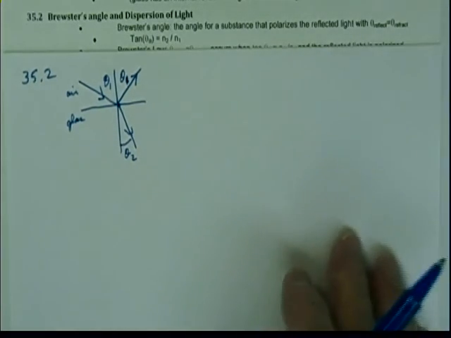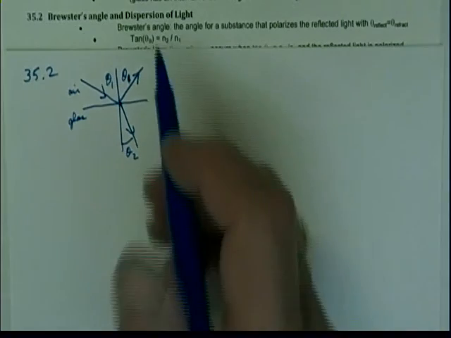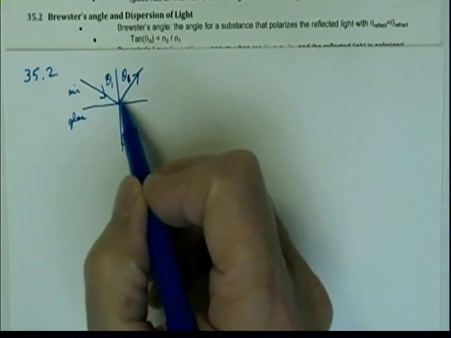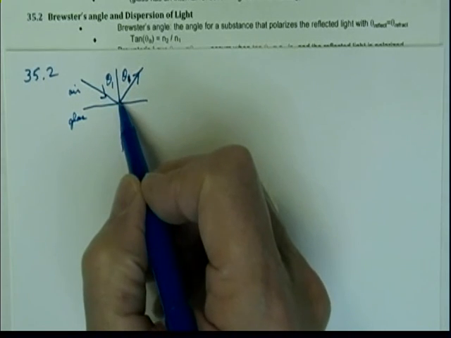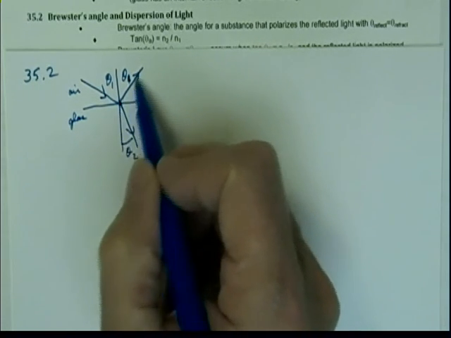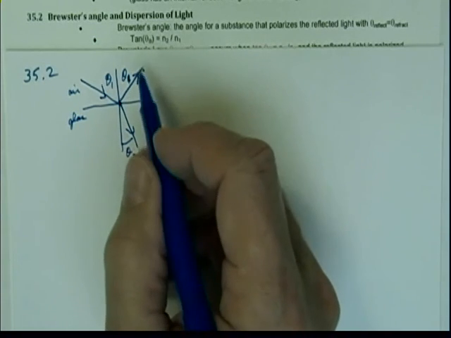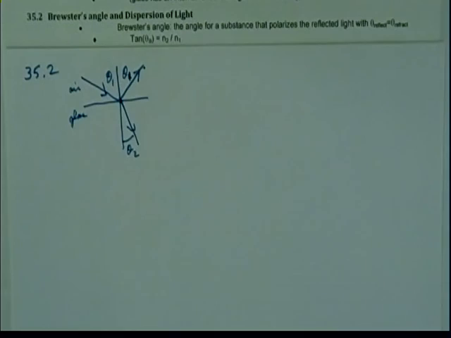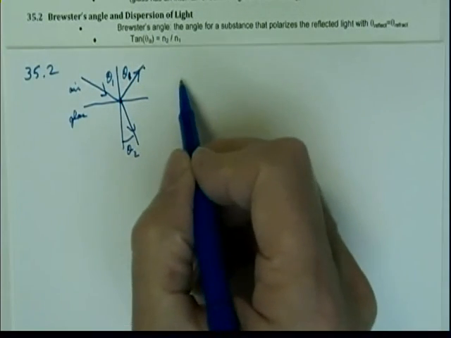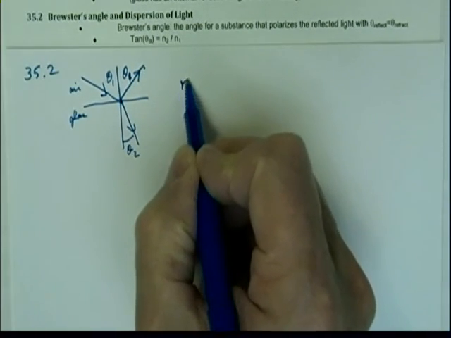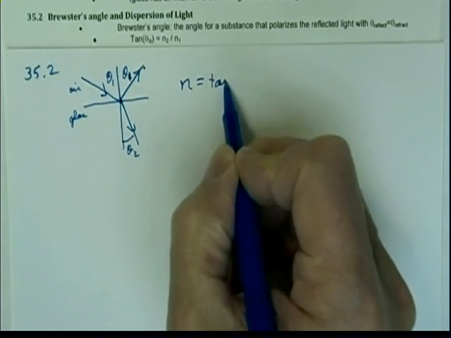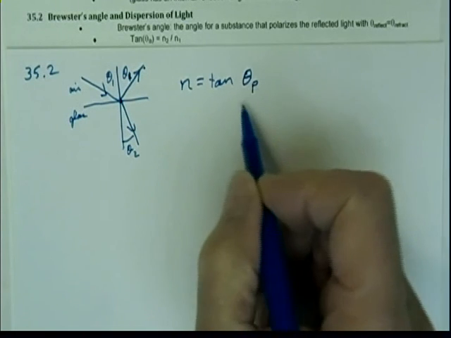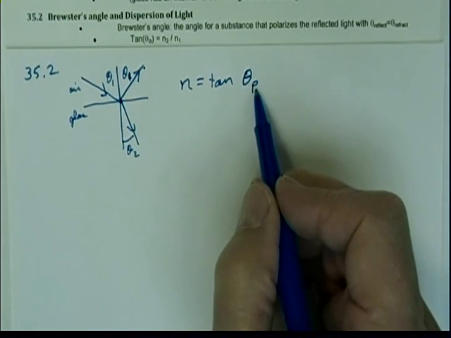And it turns out that as the light is reflected from such a surface, the light that comes in, if it's not polarized, will be partially polarized in the outgoing wave. Now, a complete polarization occurs for this reflected light at one particular angle, where the index of refraction is equal to the tangent of theta p, which is theta for polarization.